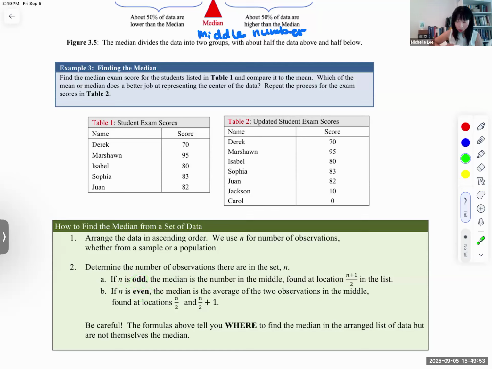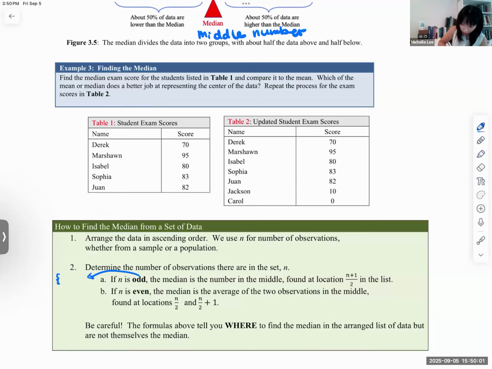Odd means 1, 3, 5. Even numbers are 2, 4, 6, etc.